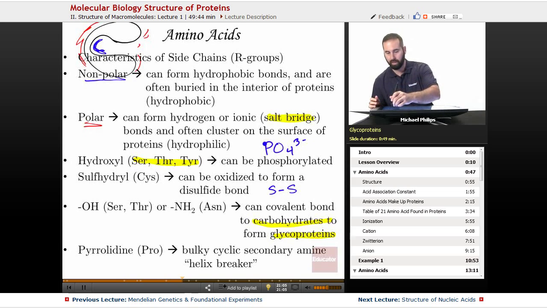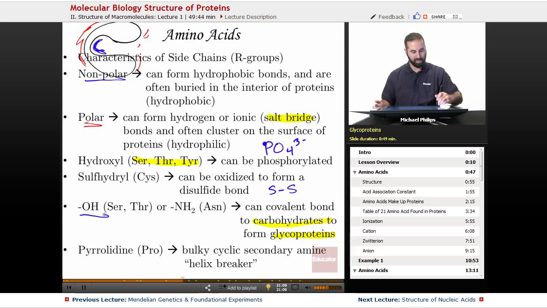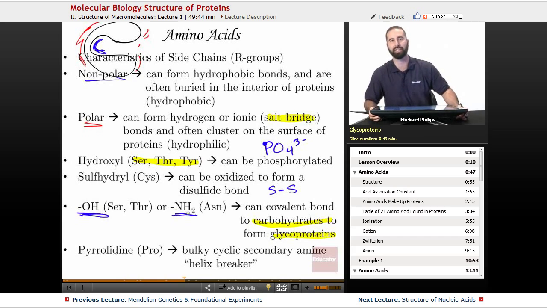And what we have here is that we can see these groups, this oxygen hydrogen, which we know is a hydroxyl group, from serine and threonine can participate in the O-glycosylation. And then the NH2 group, the amine group of asparagine, can also participate in glycosylation, but in this case it's an N-glycosylation.